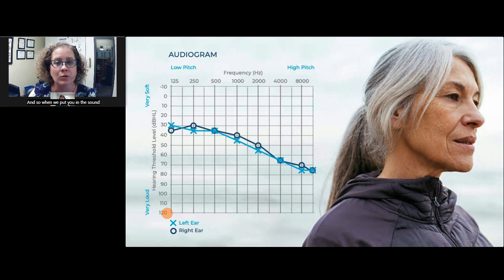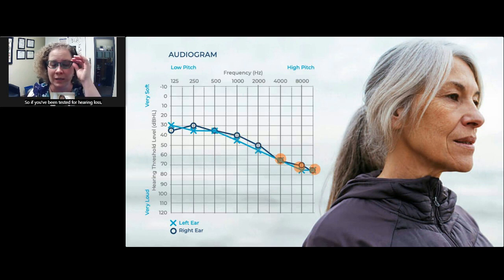All right? And so when we put you in the sound booth and we ask you to raise your hand to the softest sound that you can hear, we are plotting the softest sounds that you can hear, known as your thresholds, across each pitch on the audiogram.